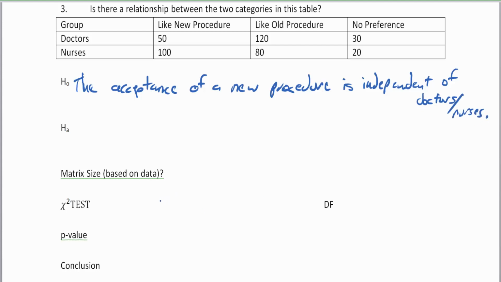So it just means that, doctors and nurses, it doesn't matter. It's just that choosing the new procedure is based on something else. It's not just doctors want new stuff and nurses want old stuff, or nurses want new stuff and doctors want old stuff. Okay, so again, this is just to test this null hypothesis that, hey, it doesn't matter if they're doctors or nurses. The adoption is not dependent on that.